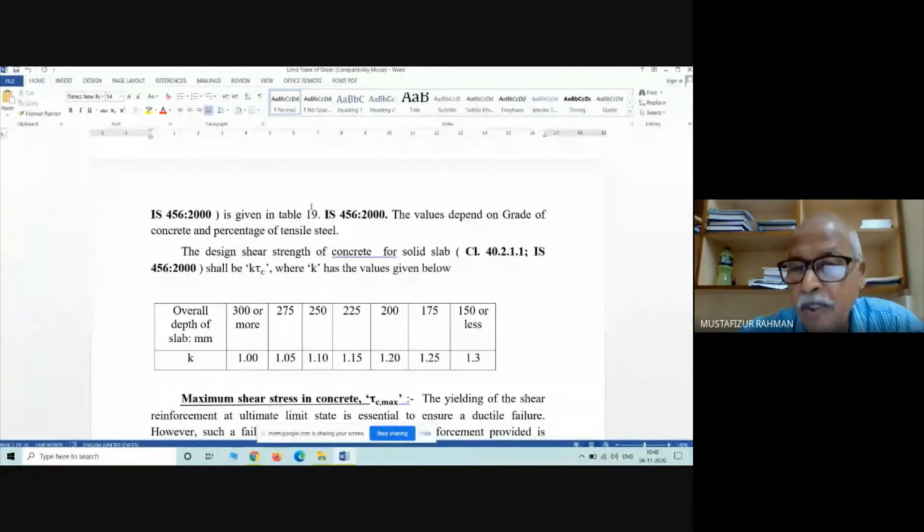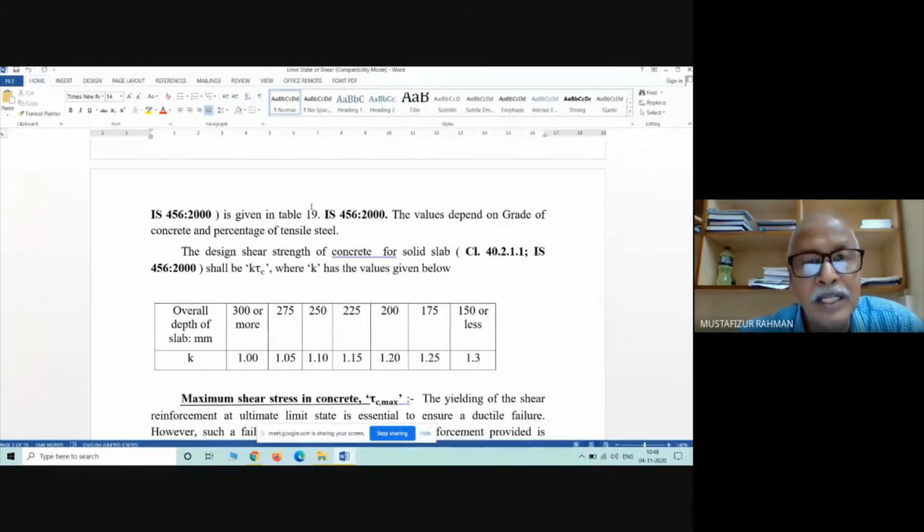So if tau V is less than tau C, that means the induced shear stress is less than the shear that can be resisted. So under this situation, the member is safe. No problem. That means we do not require any additional reinforcement.